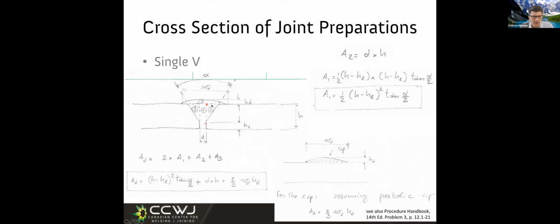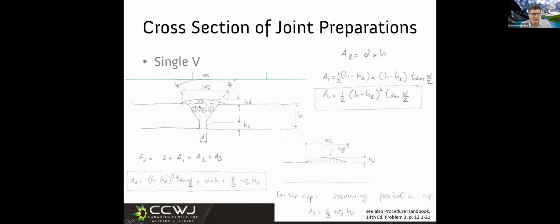These triangles we have here, this is basic trig. So it's base times height over 2, right? And where do I have it? Here. If this is the land at the root, and h is the whole thickness of the plate, I do thickness of the plate minus the land, and that would give us the length of this side of the triangle, right?